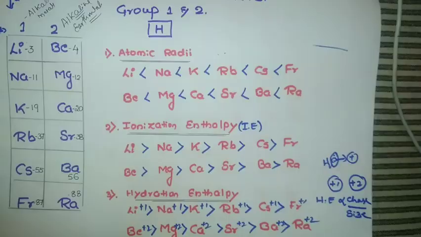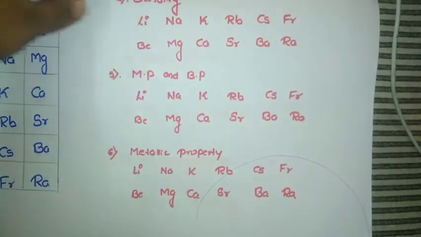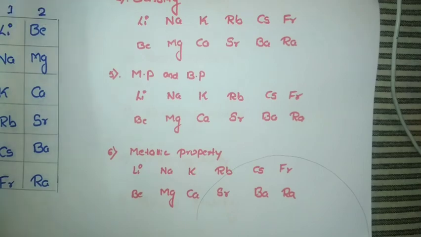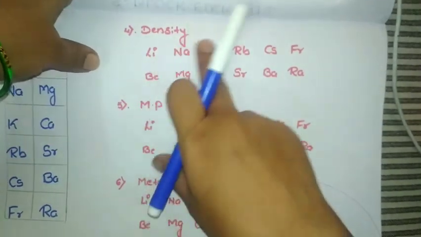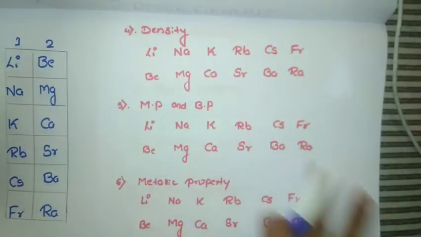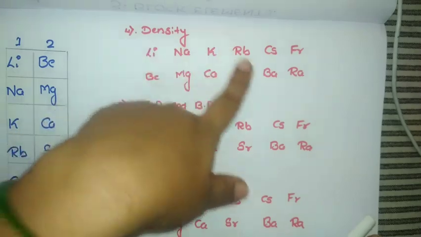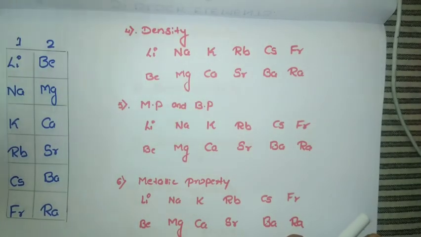In this video I have completed only 3 periodic trends. In the next video let us complete the remaining ones: density, melting point and boiling point, and the metallic property. Density needs more explanation, as we will not see the regular trends here; there is a slight change in the properties.